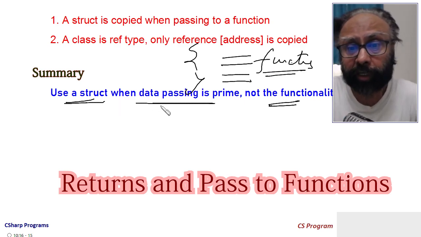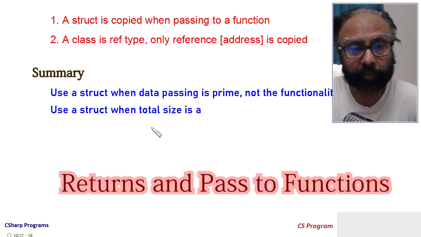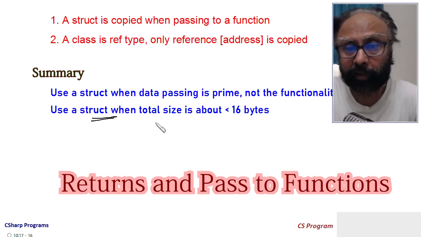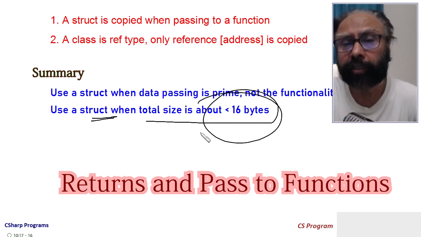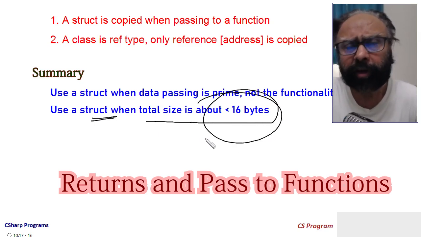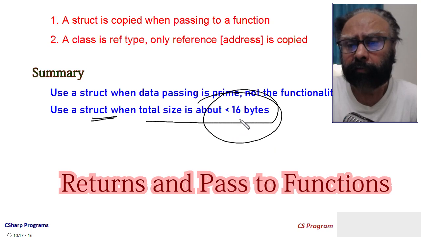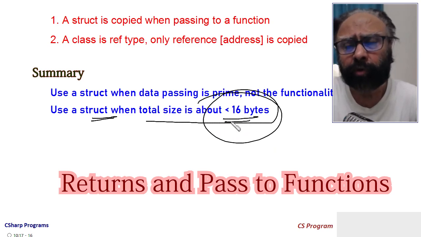Use a struct when total size is less than 16 bytes. Developers recommend that it should be kept as small as possible. When it is around 16, 20, 24 bytes, in that case you should use a struct for small data.